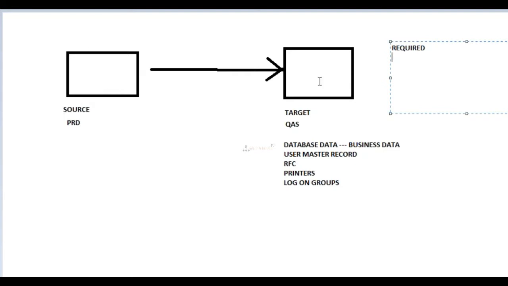Because production users are different, quality users are different. If production users overwrite the quality system, then where are my quality users? Then again, I need to create quality users, right? That is not a best practice. Again, you need to create new quality users in quality system after system refresh, correct?